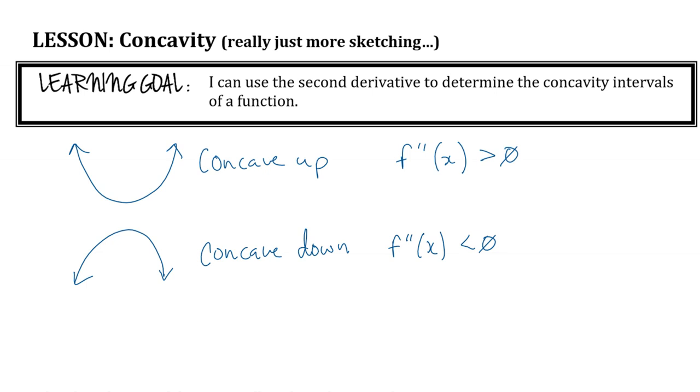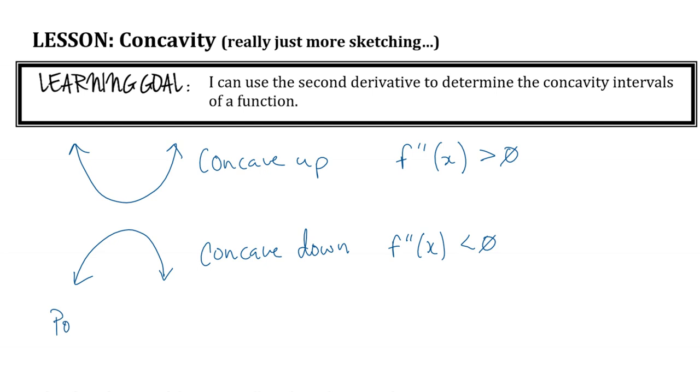It's very similar to a function is increasing if the first derivative is positive, and decreasing if the first derivative is negative. It's concave up if the second derivative is positive, and it's concave down if the second derivative is negative. So it's the same kind of thinking, but it's telling us something different from increasing versus decreasing.